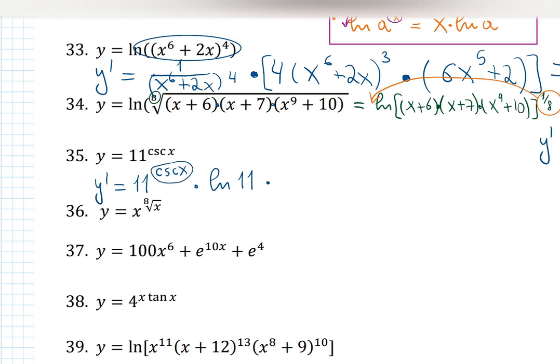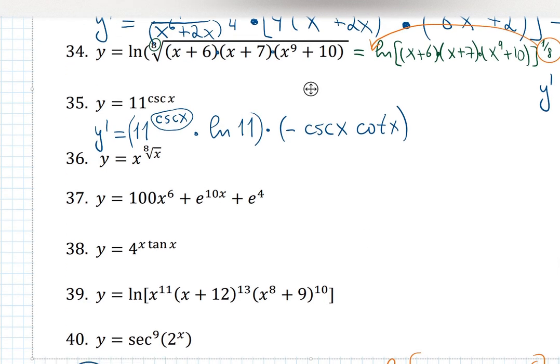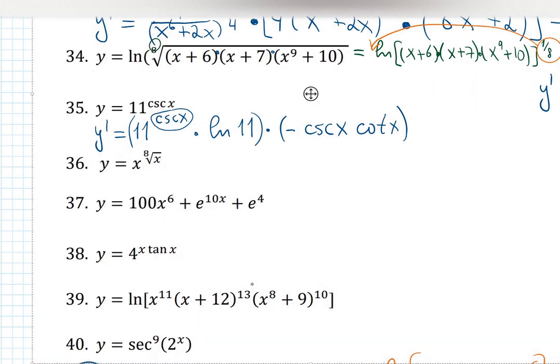Chain rule tells me to go look at the exponent and differentiate the exponent. The derivative of cosecant is negative cosecant x times cotangent x. Review this formula just to make sure you remember the derivatives of trig functions. Not too bad.